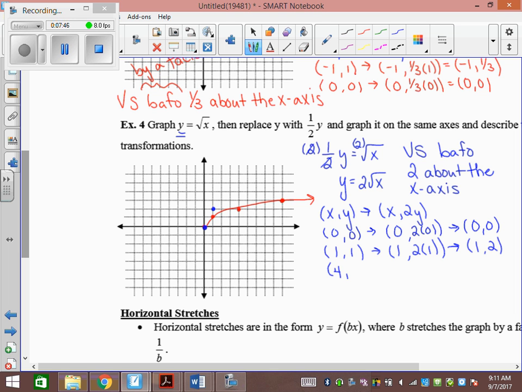If I plug in (4, 2), I get 4 and 2 times 2, so (4, 4). And then (9, 3): you're going to get 9 and 2 times 3, which is (9, 6).